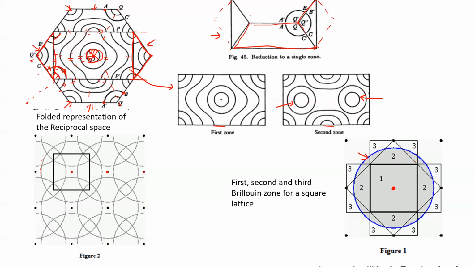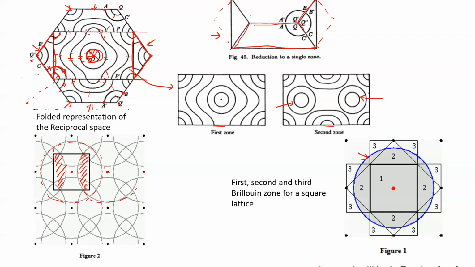So basically you draw circles of constant radius around each of these lattice points, and its intersection in one reciprocal lattice. So this is an intersection of a sphere from the second lattice point in the first zone. This is the same as folding back of the second zone in the first lattice point, right?